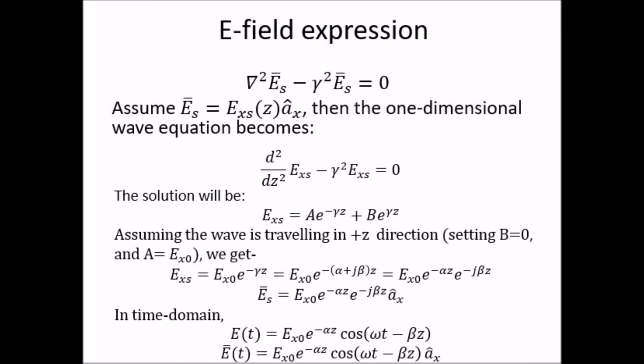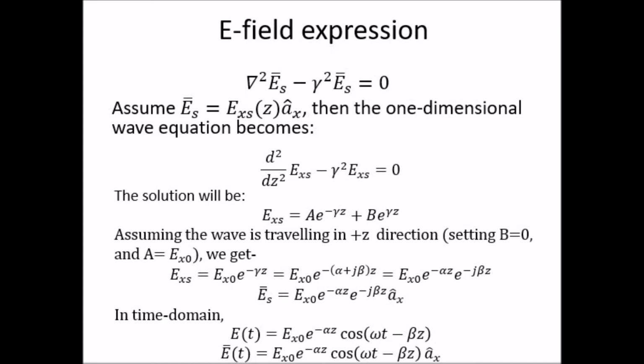Then the one-dimensional wave equation becomes d square Exs over dz square minus gamma square Exs is equal to 0. The solution to this second order homogeneous differential equation is Exs equal to A e to the power minus gamma z plus B e to the power gamma z, where A and B are two arbitrary constants, and you can find these constants by using some boundary conditions.